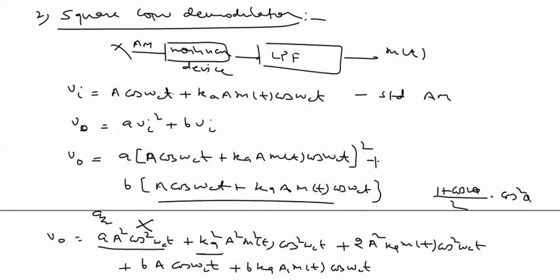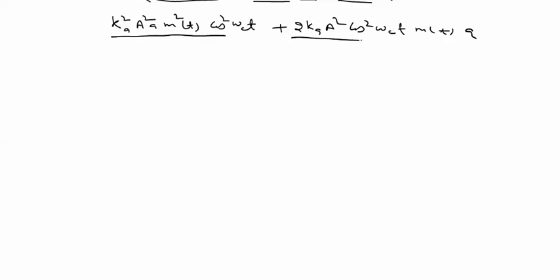What about this term? Again the m square term, and the m term. This higher frequency term does not pass. This term is a multiplication between m(t) and cos and some additional term; this also does not pass. These two terms are under consideration. In both terms, the cos square term we expand with cos 2 theta.